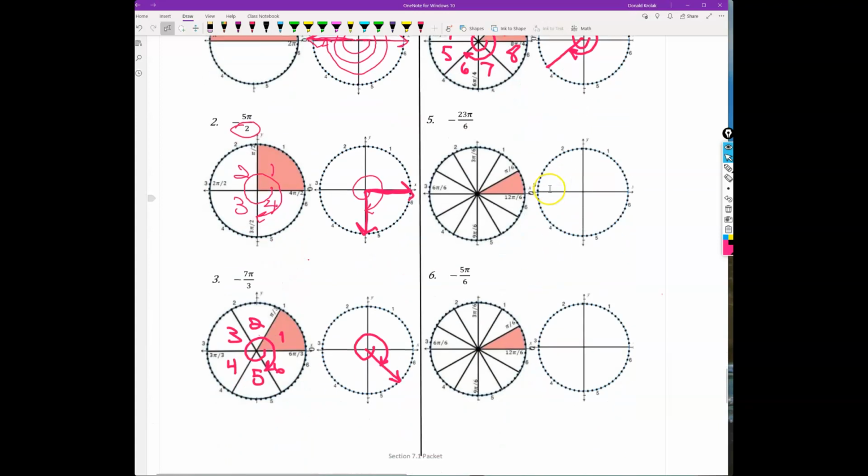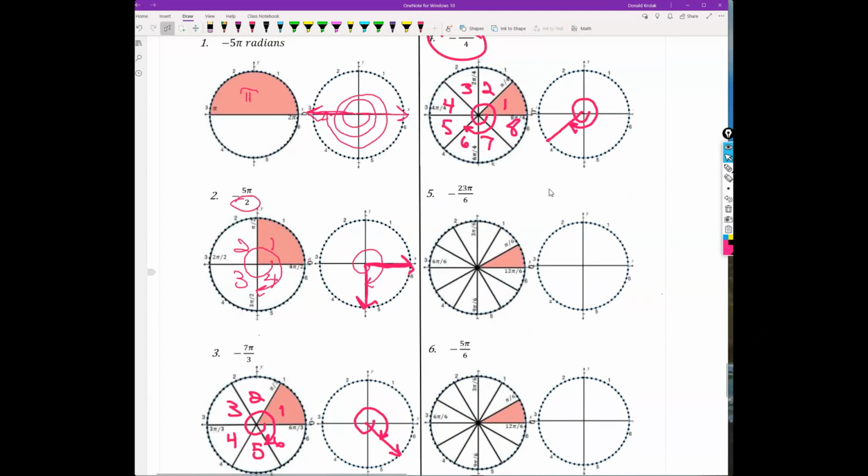Okay, -23 pi over 6. Well, we got 6 slices on the top half. We got 6 slices on the bottom half. And we want to count 23 of those slices clockwise. So 1 time around, that's 12. And I got to go 11 more to get to 23.